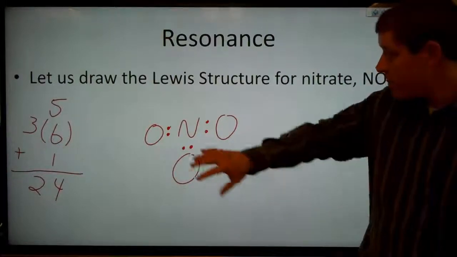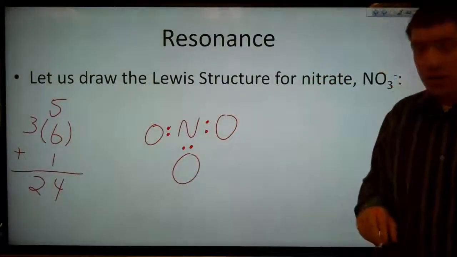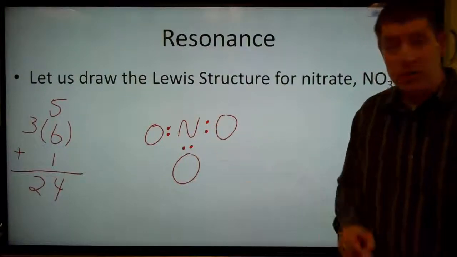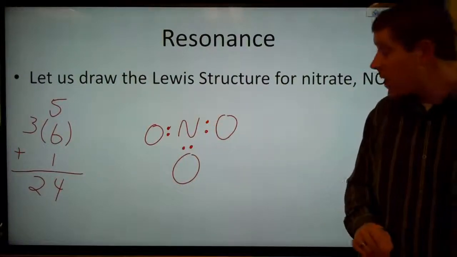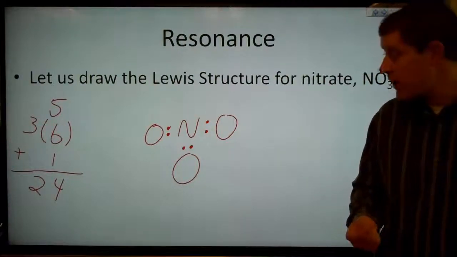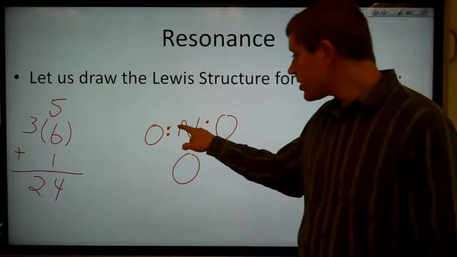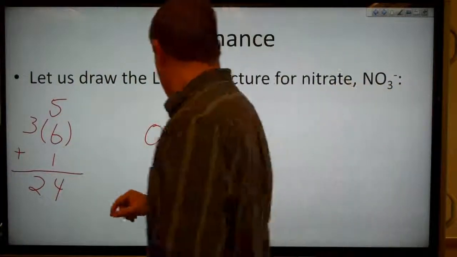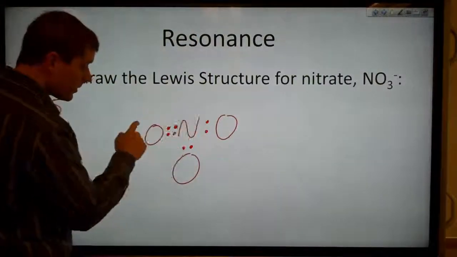Now, I could go ahead and put 6 electrons on each of the 3 oxygens. That would give each of the oxygens a full octet, but the nitrogen would still only have 6 electrons. So at this point, I know I need to share an additional pair of electrons in there. So I'm going to share an additional pair of electrons here on the left, and then add in the rest.